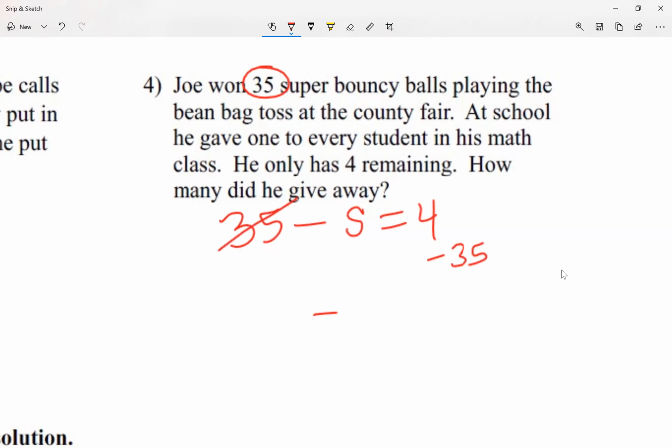So I have that negative S is equal to 4 minus 35, which is negative 31. If I ignore the negative sign, because I see both signs are negative, S equals 31. Cool. So he gave 31. There's 31 students, so he gave 31 away.